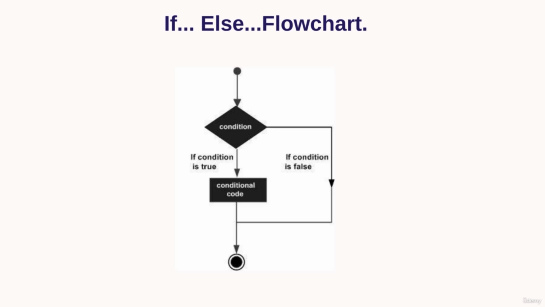You can also chain multiple conditions using else if, meaning if the first condition is false, you can proceed with the second condition, and the else if condition will only be compared when the first condition is false. So let's see practically how we can implement else if and if statements all together.